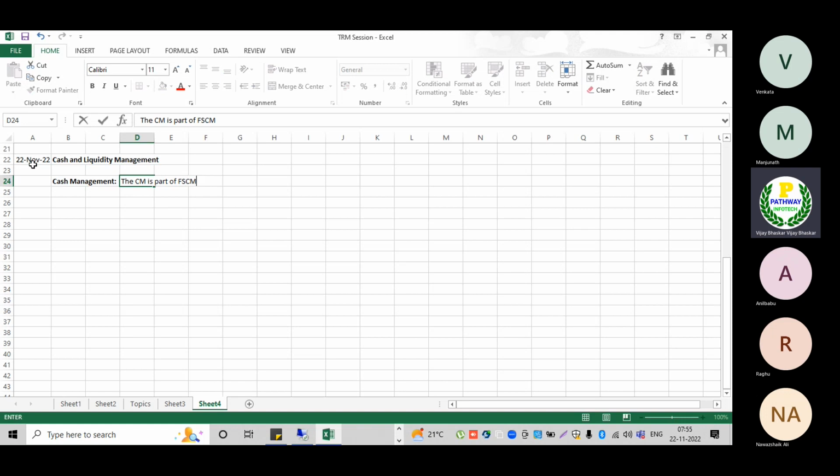The purpose of cash management is to check the cash positions of all the bank accounts.